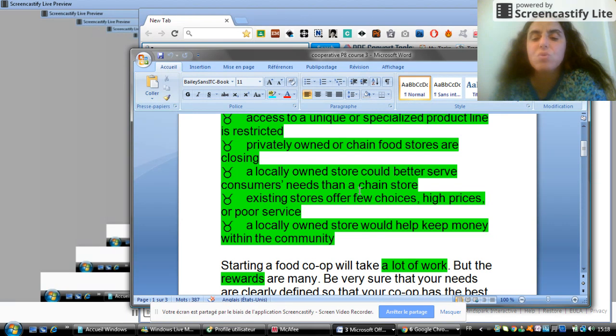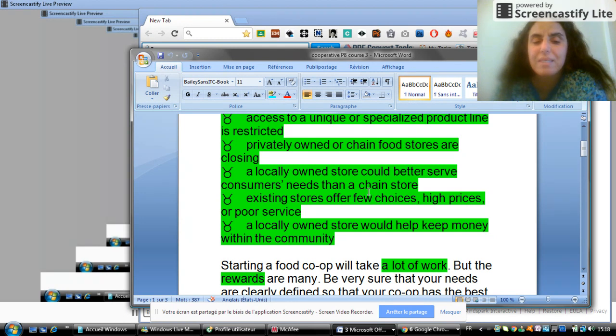And another store or a group of stores, chain stores, could be established in a town that is far from the geographical zone where the individual lives.